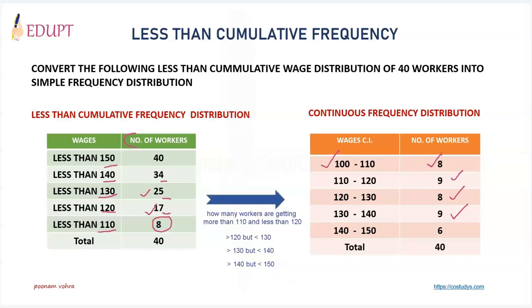So it will be 40 minus 34, which is 6. So we are able to find the number of workers who are earning wages in between the different class intervals of wages as given. I hope it's clear.